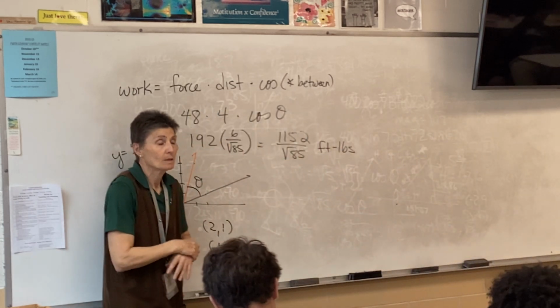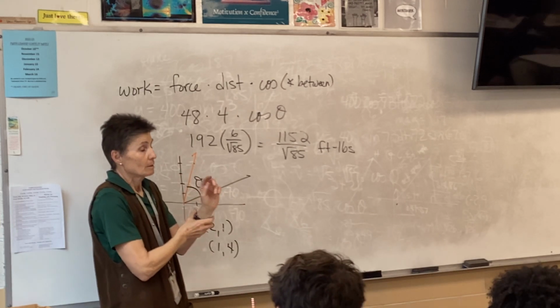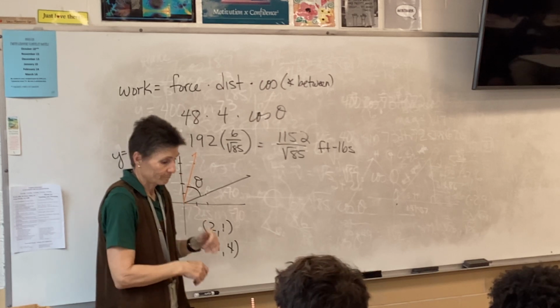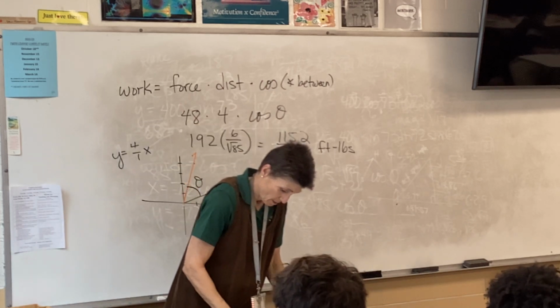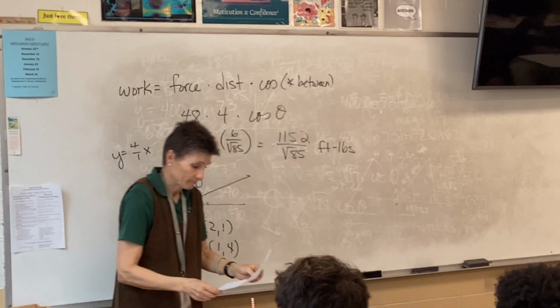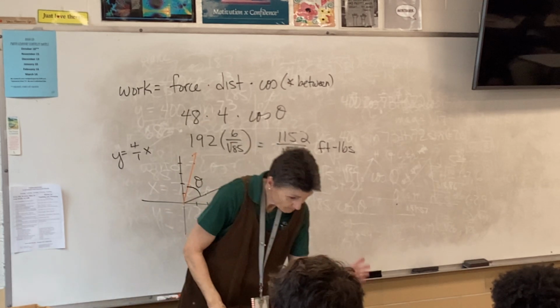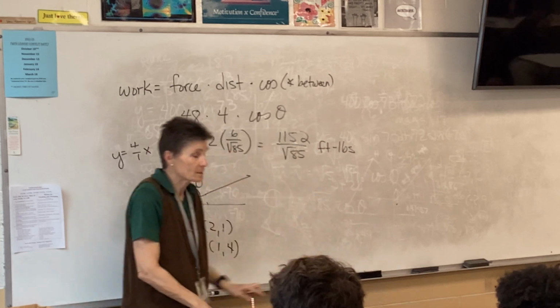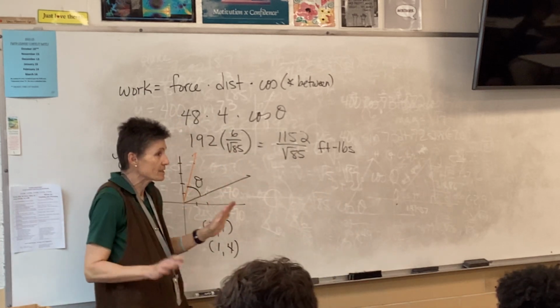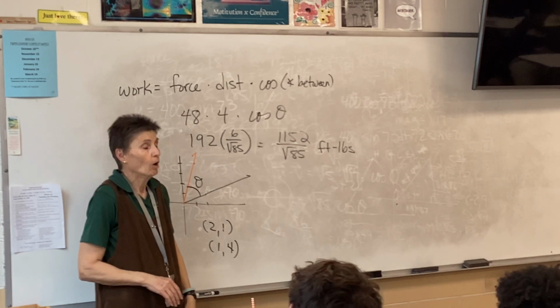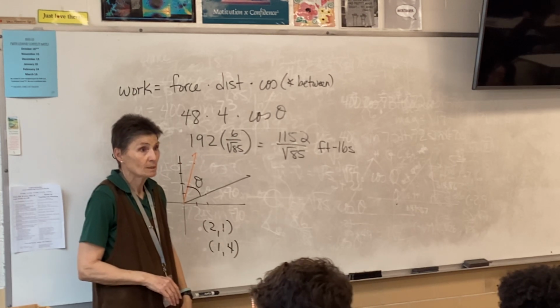Okay? All right? So next time I see you, seems like I never see you, next time I see you, we're going to have a little quiz over 6-1 and 6-2.